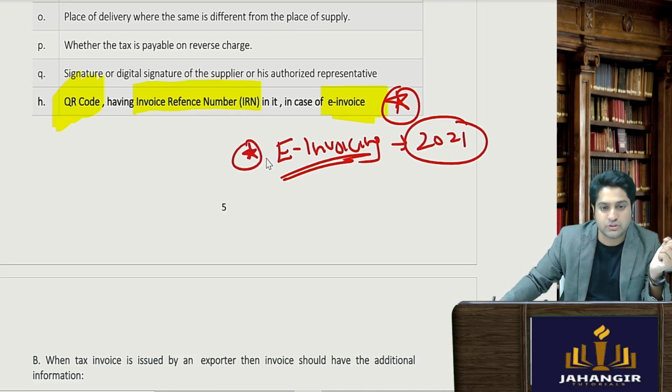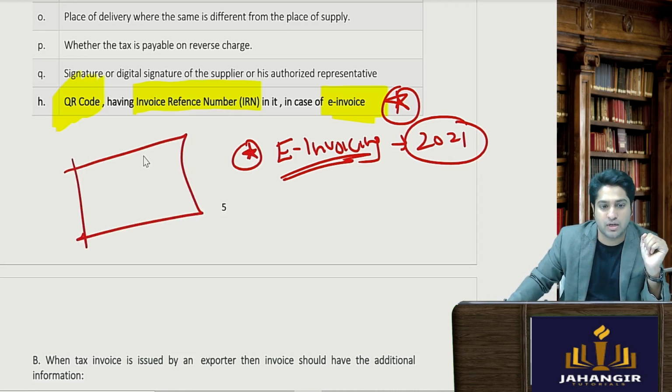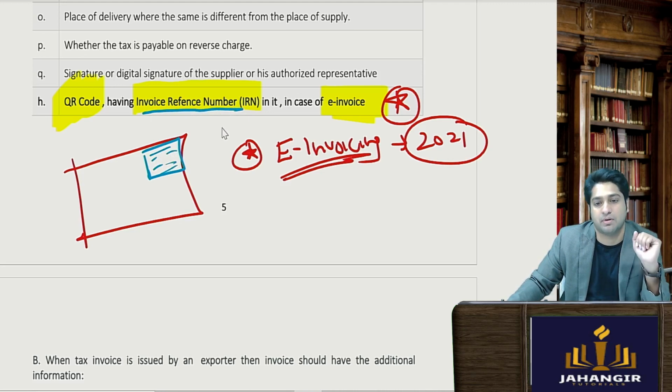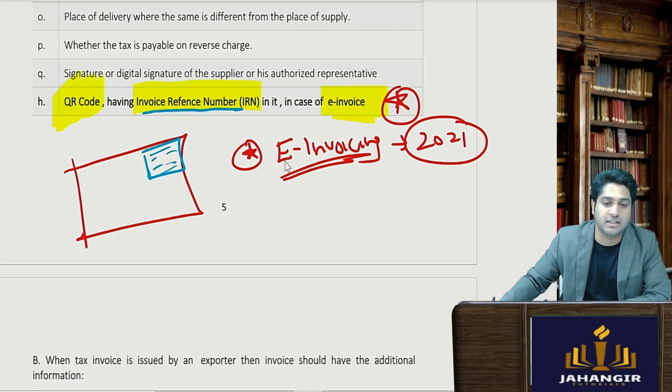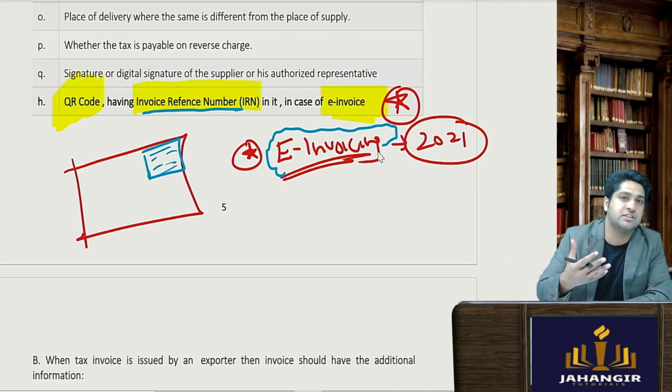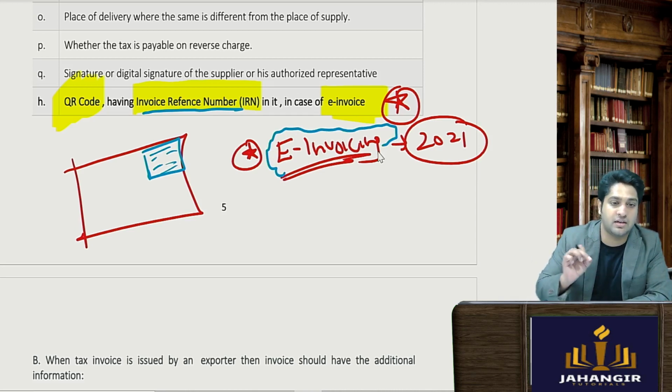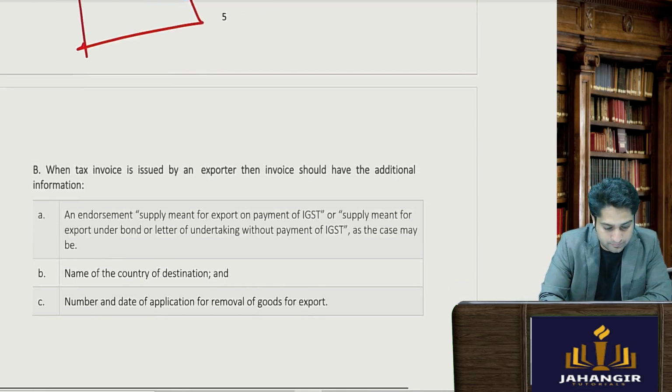Now, e-invoices which are issued have a barcode, the QR code, like we have in Paytm and Google Pay. The barcode contains an invoice reference number. Details of e-invoicing will be in the next video, but remember that an invoice should contain the barcode wherever e-invoices are issued.